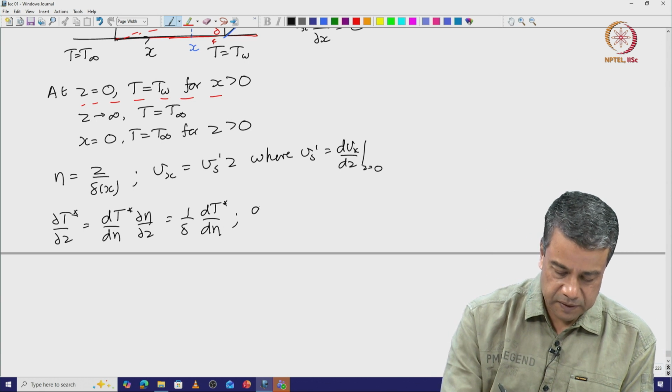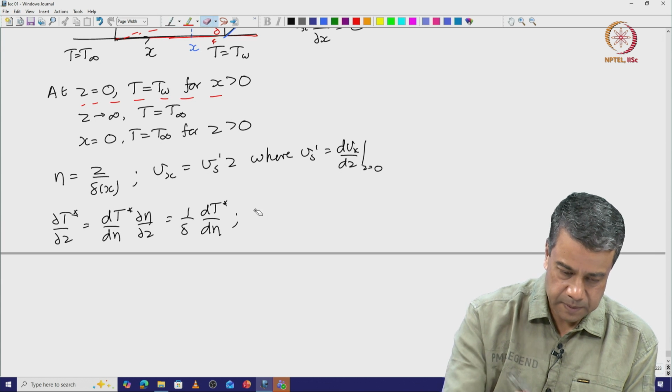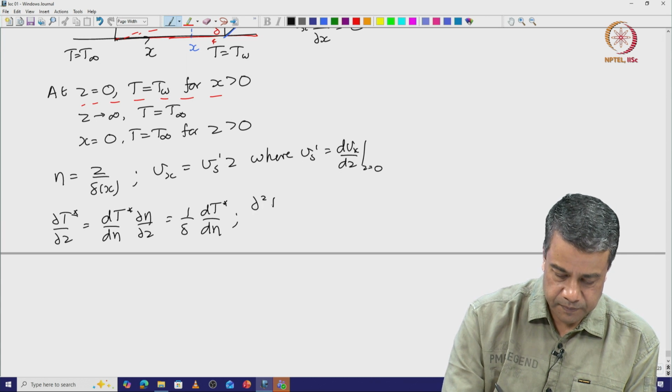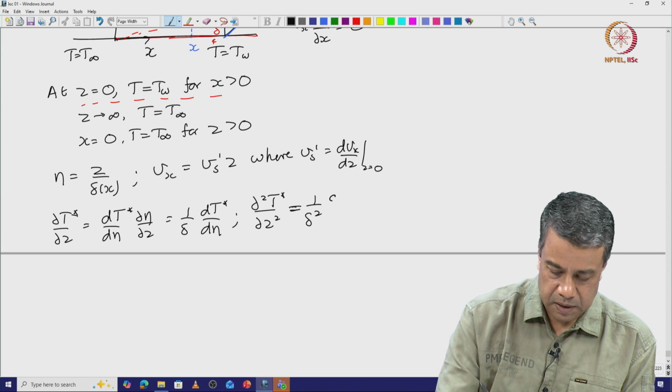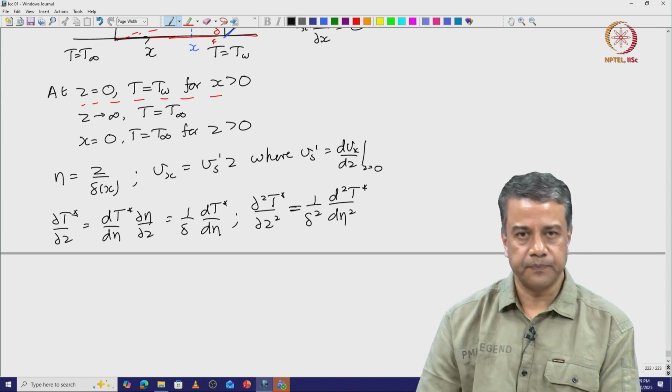Similarly, the second derivative, partial square t star by partial z square, is equal to 1 by delta square d square t star by d eta square.